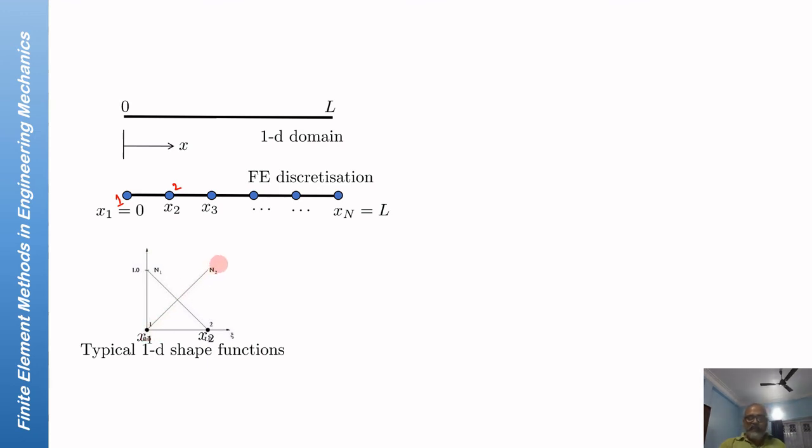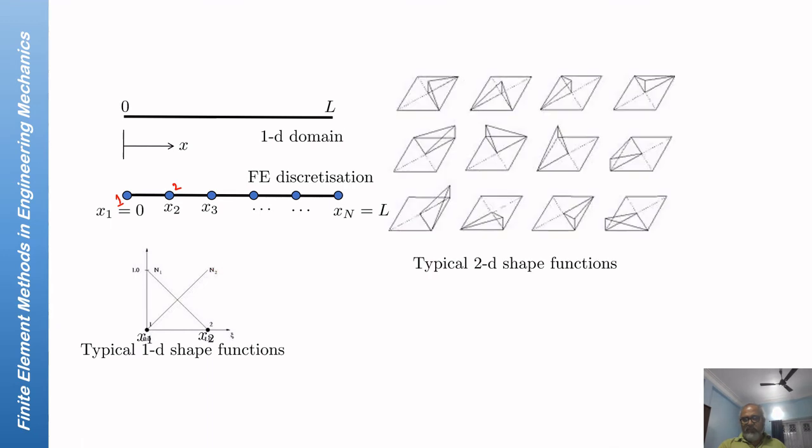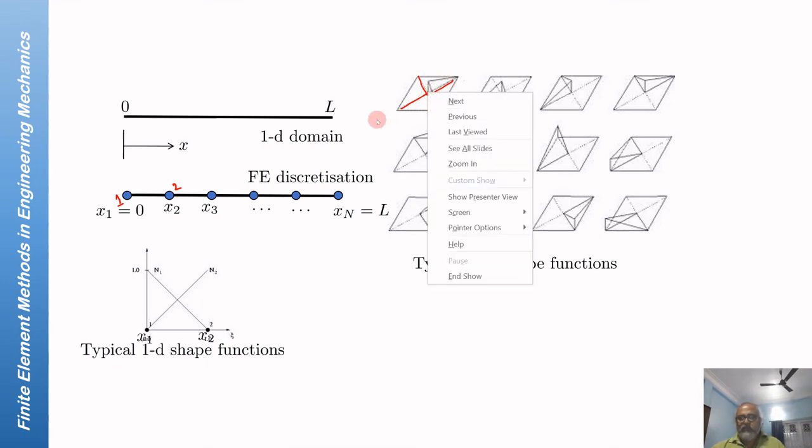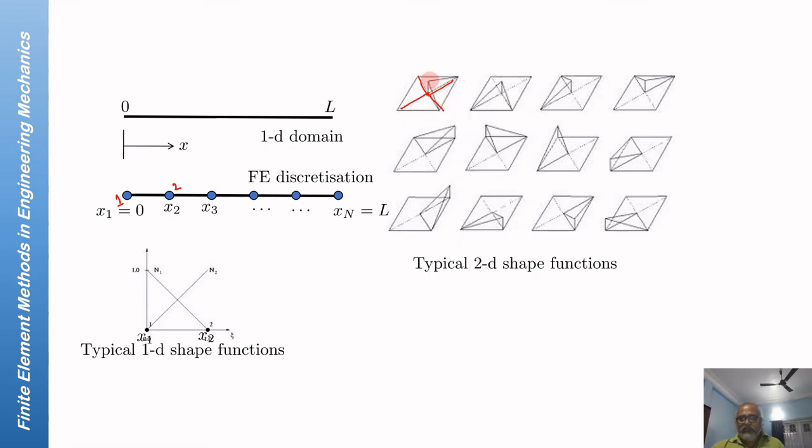In a two-dimensional domain, say a domain that is broken up into 4 elements, these are the 4 elements, 1, 2, 3, and this is 4. Each of the shape functions is 1 at this node and 0 everywhere else.